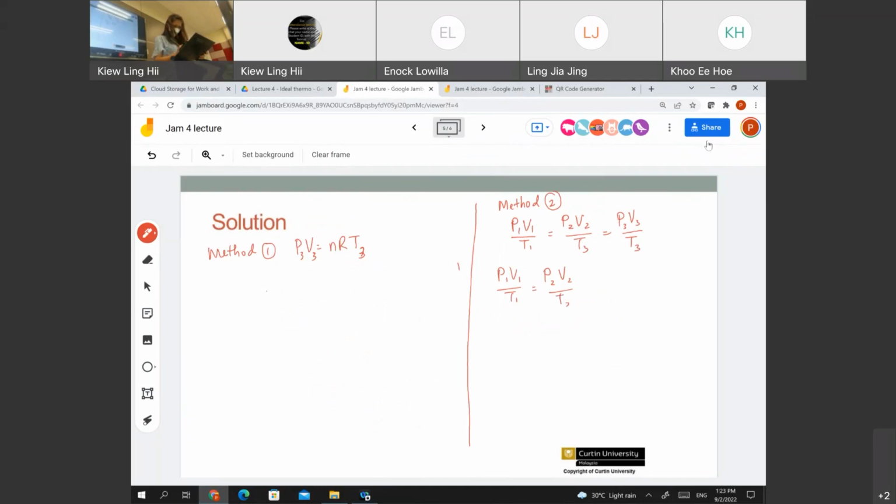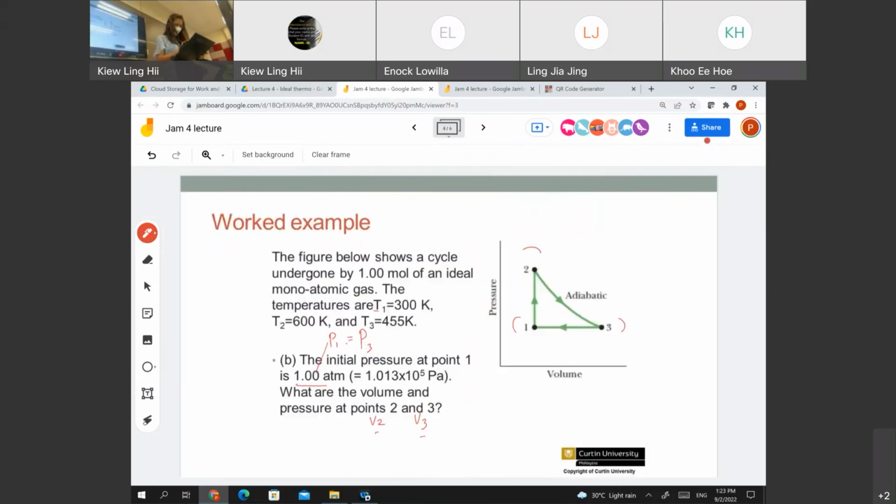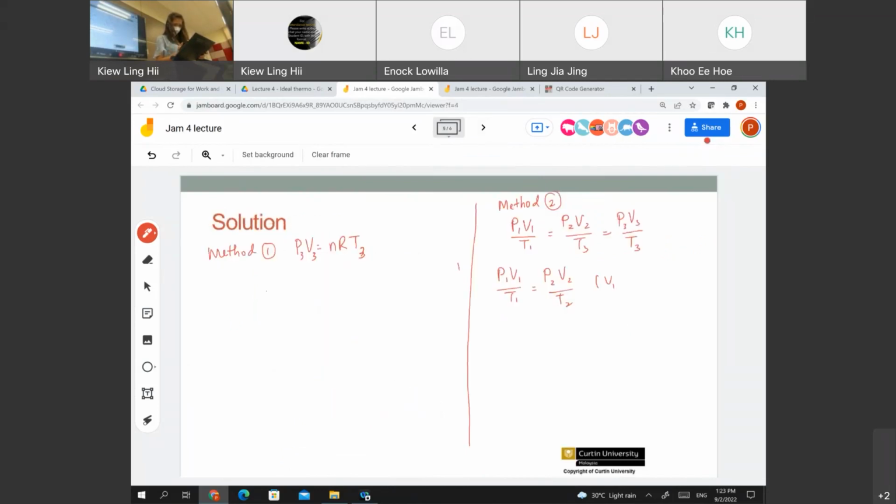So since process 1 to 2 is an isochoric process, meaning that V1 equals V2, these two can be cancelled off. So left only P1 over T1 equals P2 over T2.